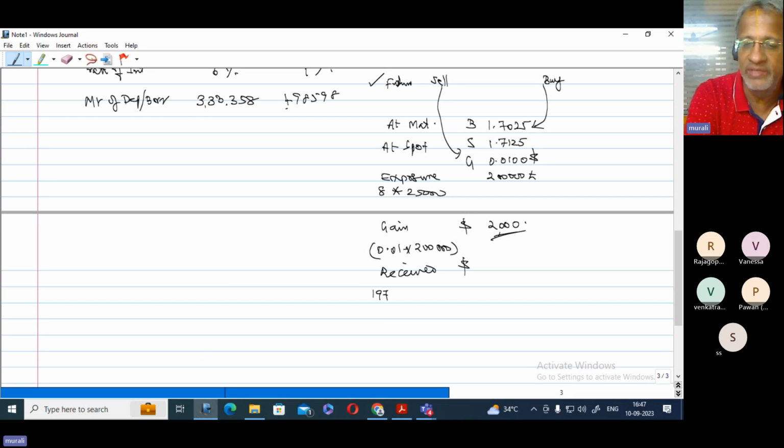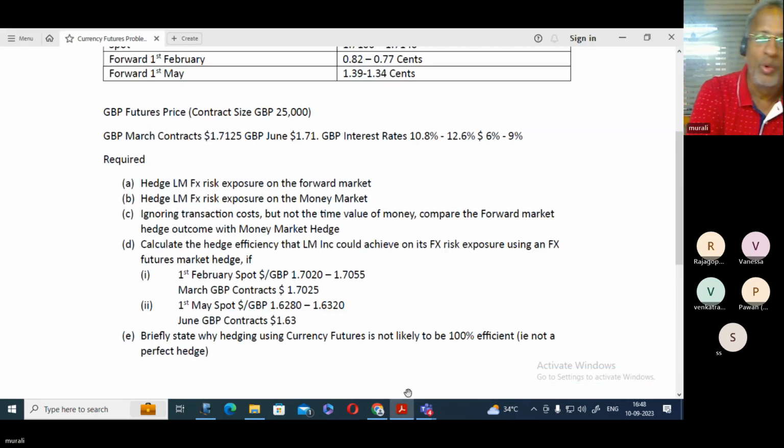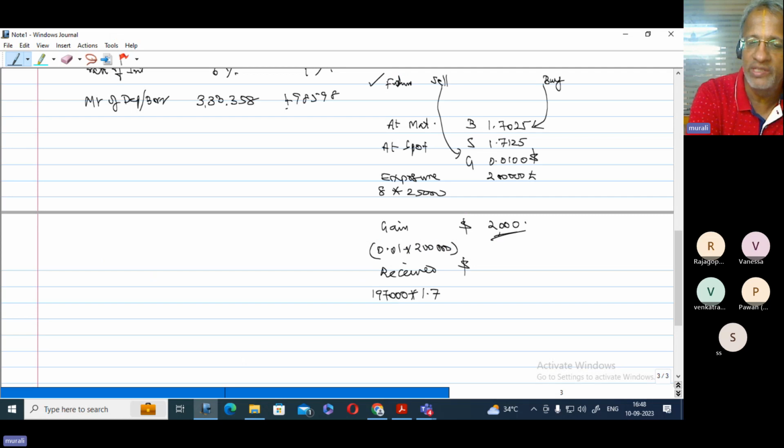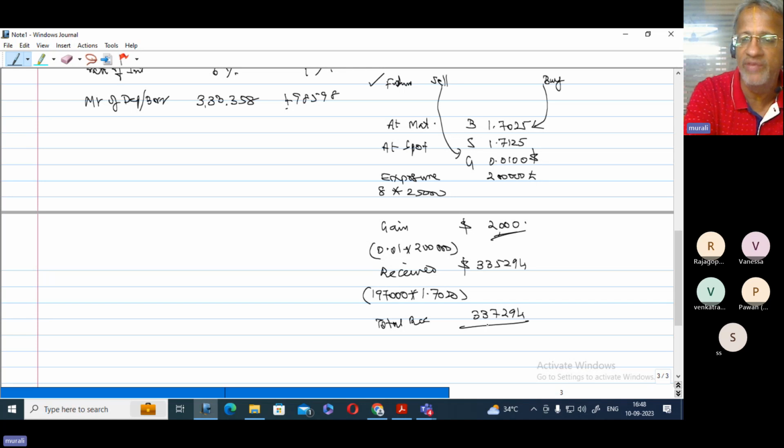So 197,000 multiplied by 1.7020 is what we would be receiving, because we have done futures separately and we are exposed to the actual rate on that date. That gives you 335,294. So the total receipt will be plus 2,000, which is 337,294, the final answer.